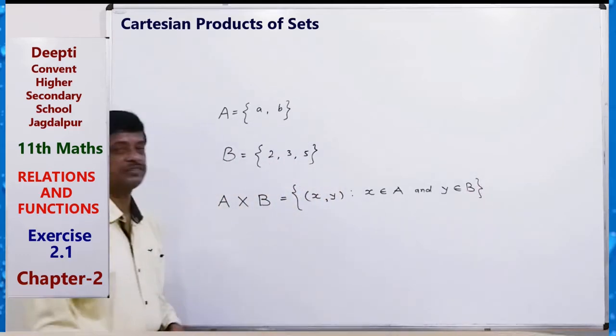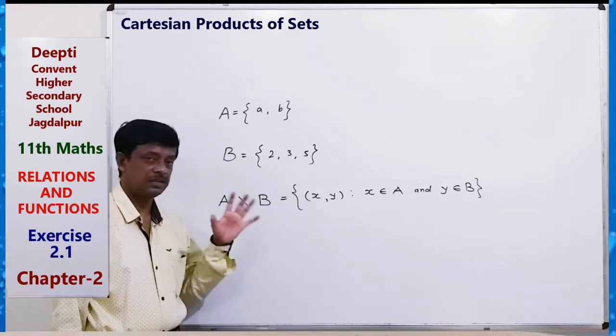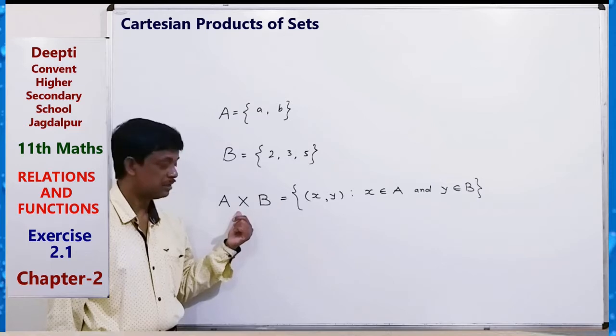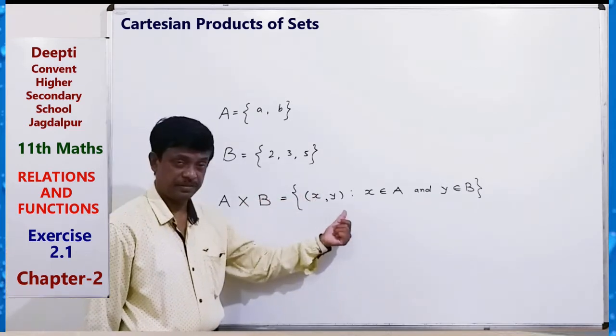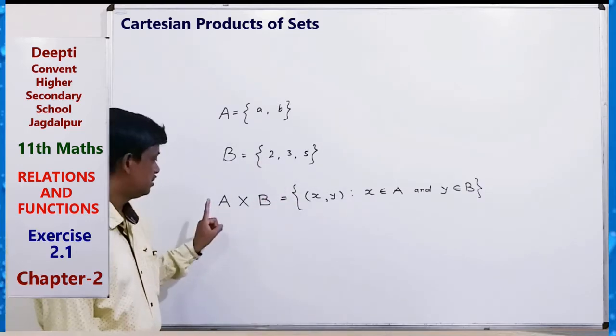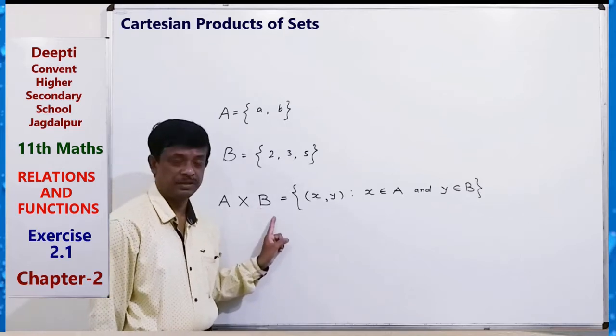This is our definition of the Cartesian product. The Cartesian product is a set containing all those ordered pairs whose first element is from A and second element is from B.